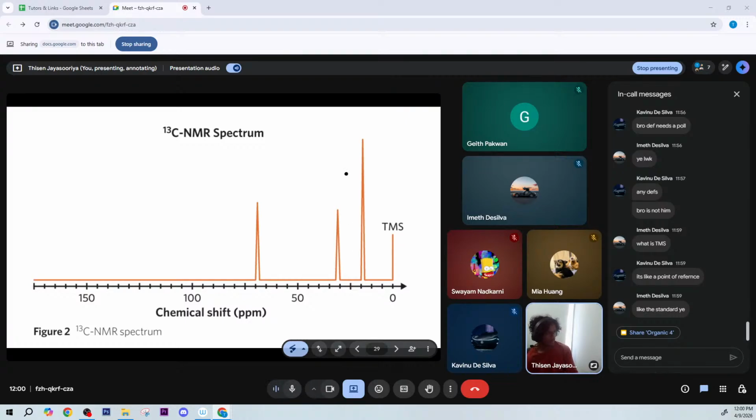So here, we have a peak with a chemical shift of about, 1, 2, 3, 4, 5, 6, 7, 8, 9. Wait, is it 5, 10, 15, 20?